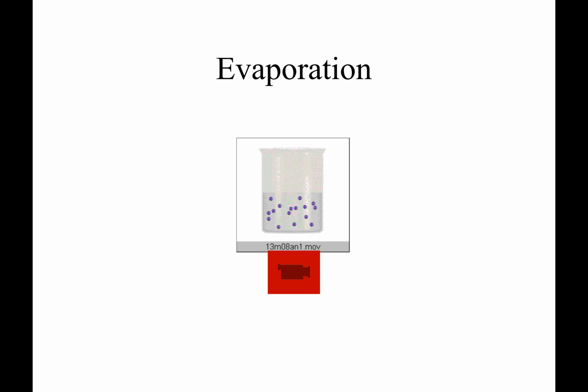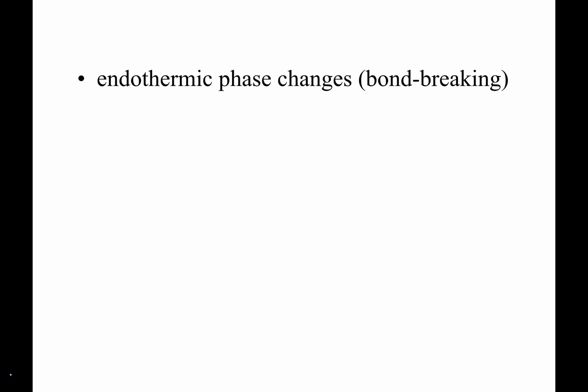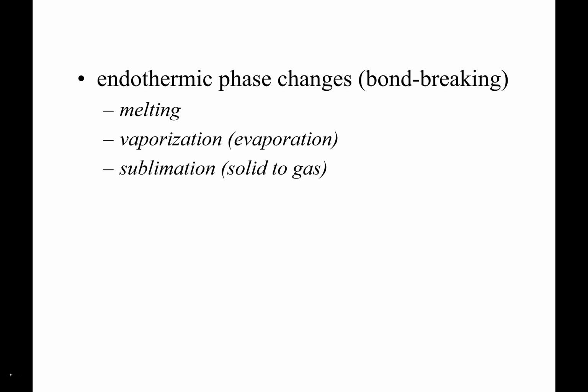So I have a couple of videos to run past you. And again, it's kind of a busy slide here on the board, but we talk about phase changes, physical phase changes. The ones that break bonds are the melting and vaporization. Sublimation when it's going from a solid to a gas.